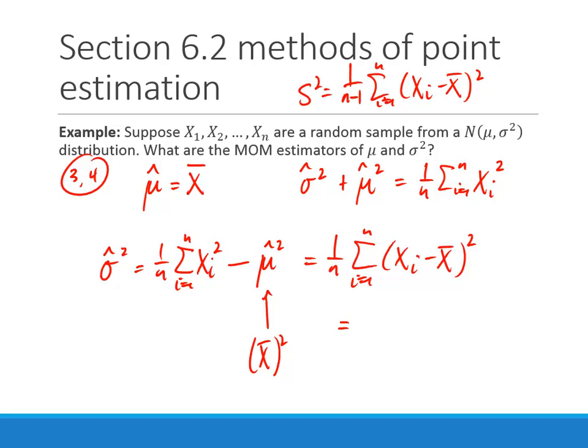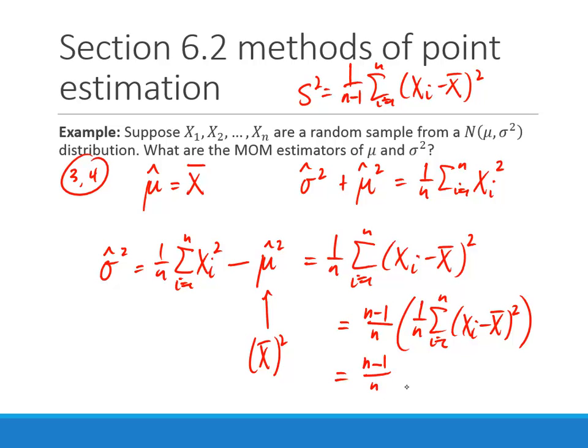So my method of moments estimator down here is equal to n minus 1 over n times the sample variance.